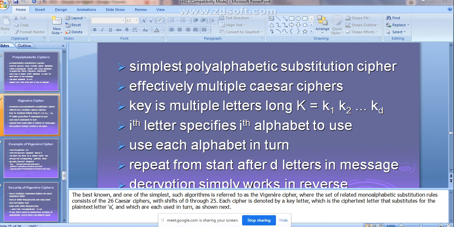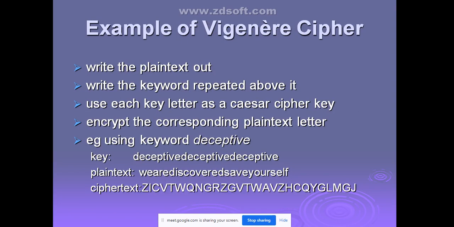If the key is not long enough, as long as the plain text, then you repeat the same key again and again until it becomes the same length as the plain text. That is, use each alphabet in turn and repeat from the start for the length of the message.